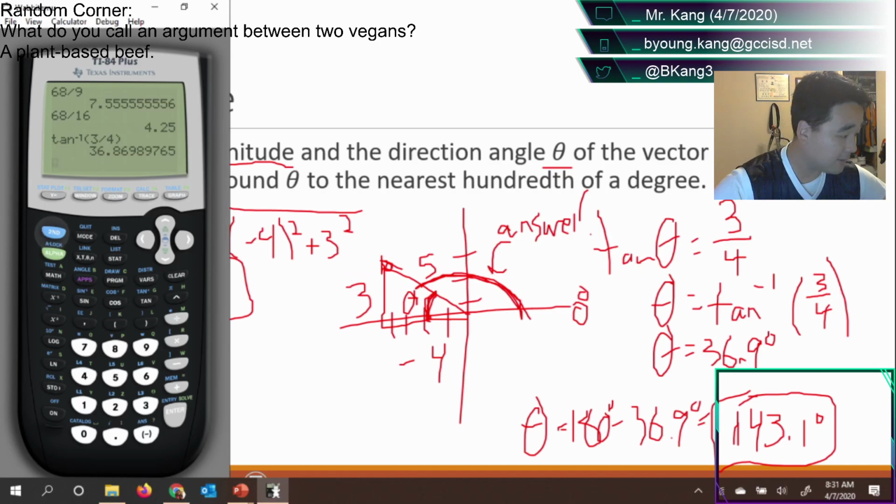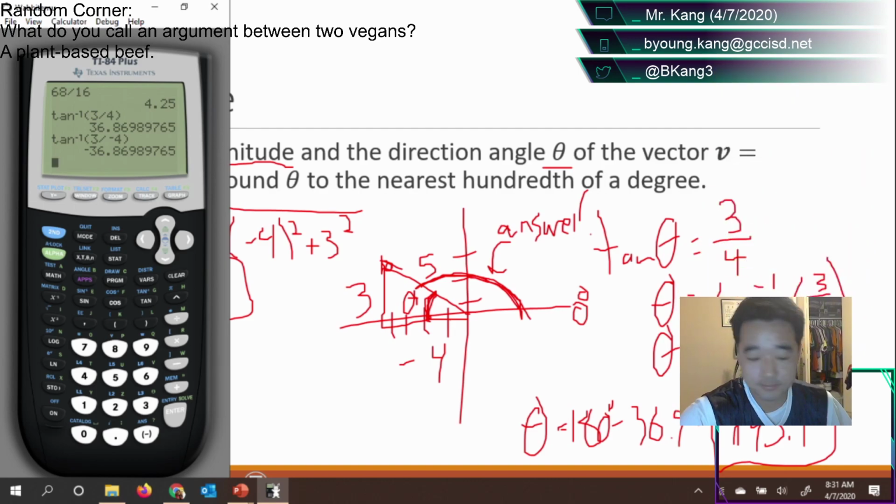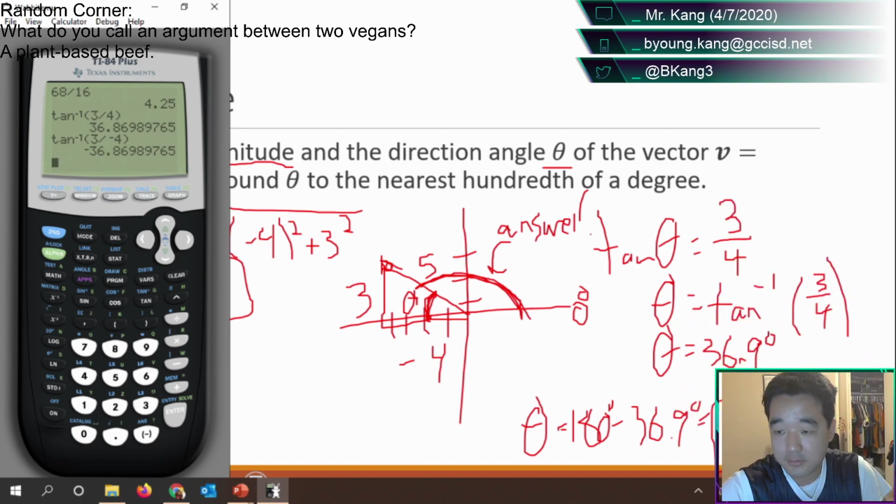If you had just typed in inverse tangent of 3 divided by negative 4, remember inverse tangent can only give you negative angles here. So the negative 36.9 still doesn't make any sense in terms of how you get 143.1. We just got the 36.9 as a geometry problem, and then we had to interpret it ourselves to figure out what quadrant we were in, what the reference was, what we needed. So that is the whole reason.